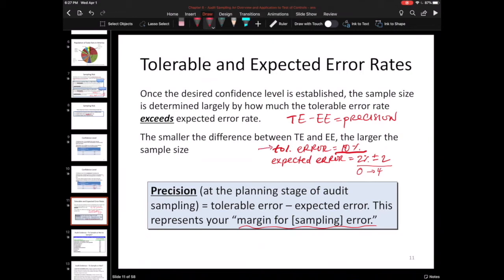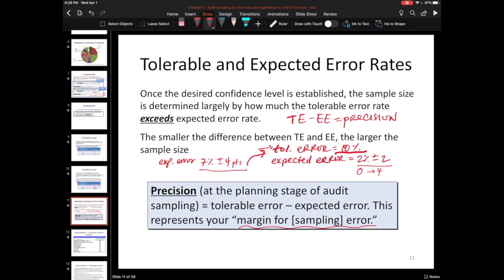The other end of the spectrum is if you have, again, the tolerable error rate of 10%, but let's say now you have an expected error rate of something like 7%, and it's plus or minus 4 points. So historically, the bad apple rate has been 7%, give or take 4%. Right? You have a much smaller margin for error because this could easily go over that 10% tolerable error rate if you're not careful.